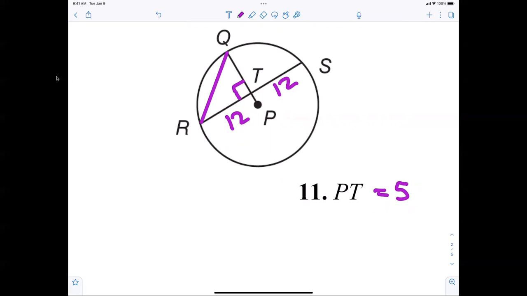What do I need to draw, Olivia? That one doesn't help. So how do I draw the diameter? Drawing a diameter, so now how does that help?